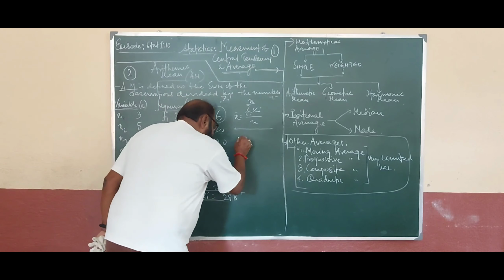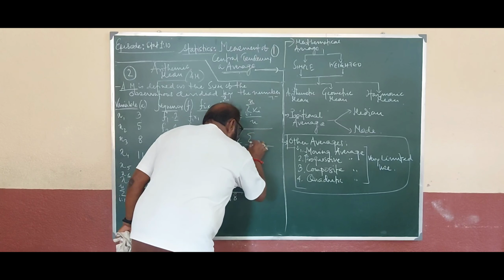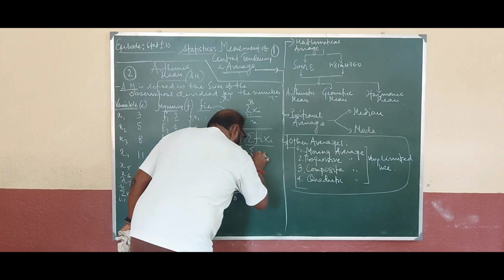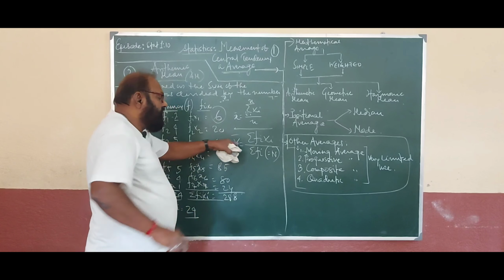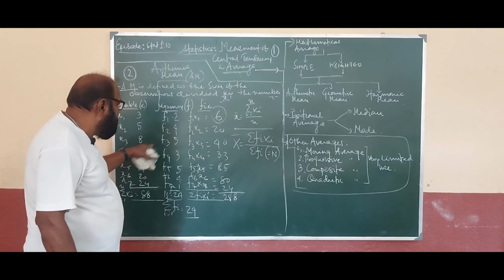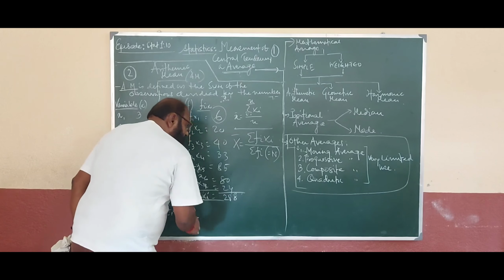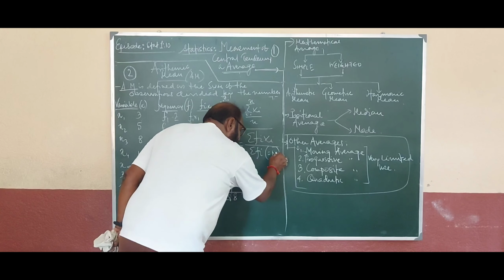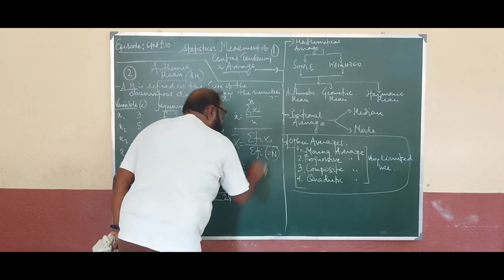Now when the frequencies are given, we find out the summation fi xi divided by summation fi. Summation fi equals big N, that is the total frequency, right? So the summation fi xi, you have seen that we have calculated in that way, and summation fi means sum total of the frequency, which is depicted as a capital N. Clear?